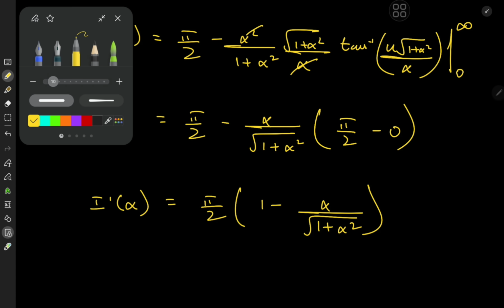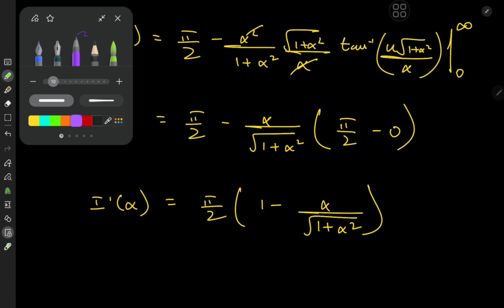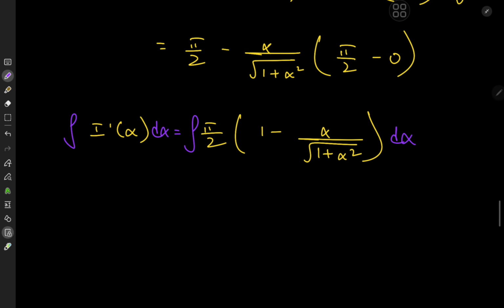And we can now recover back the integral function by integrating with respect to alpha. So on the left-hand side, we have I of alpha, and on the right, we have pi over 2 times alpha minus, this thing should sort out to, wait, if you differentiate root 1 plus alpha squared, 2's cancel out.